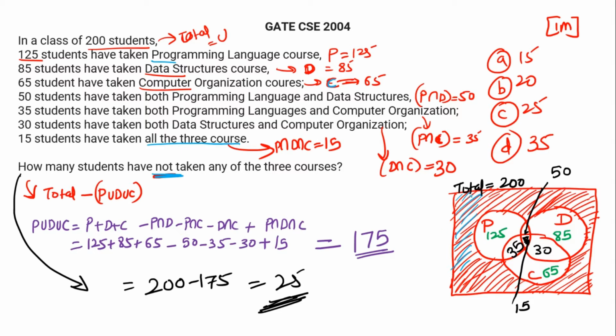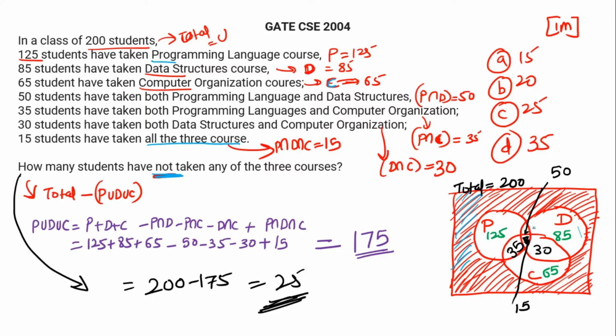Now this is how we will calculate it. This portion will be from the total. If we subtract the portion of P union D union C, we will get this none portion.